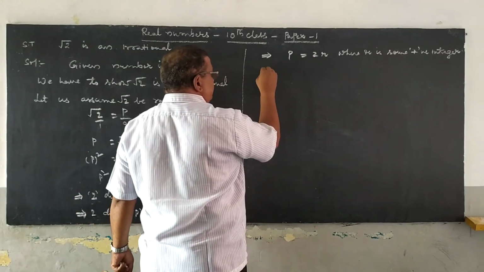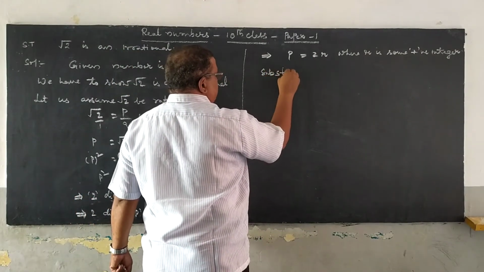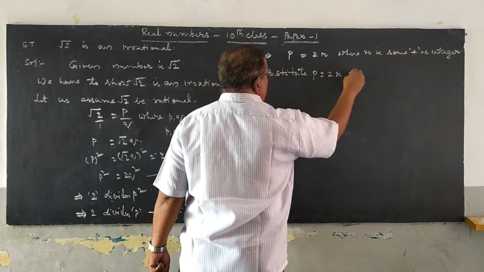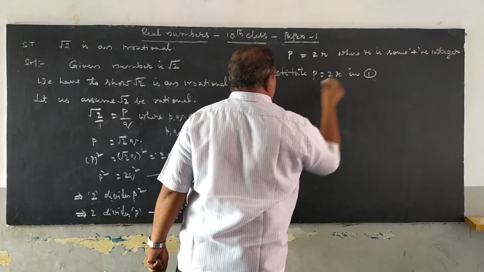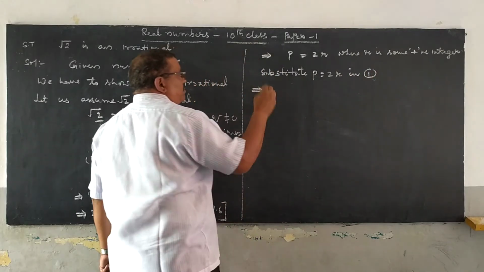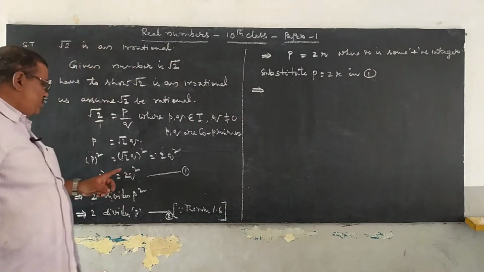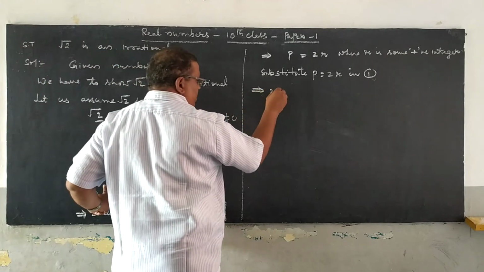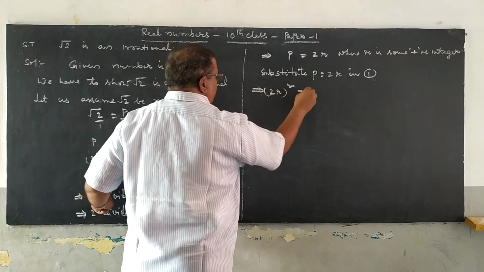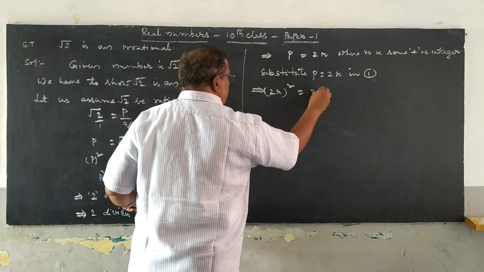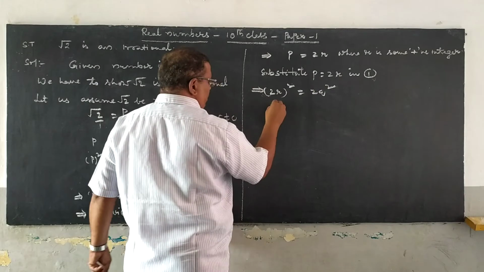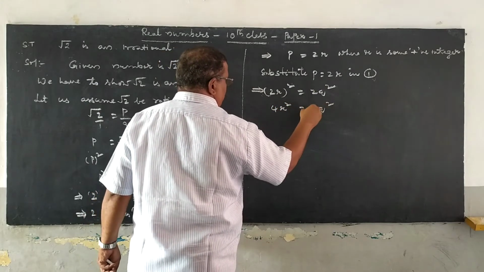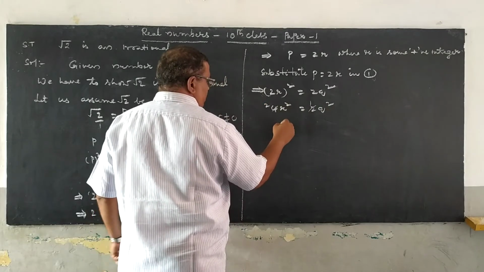Substitute P equal to 2R in equation 1. Equation 1 implies P square, that is 2R whole square, equals 2Q square. So 4R square equals 2Q square, 2 ones are 2, 2 twos are 4.